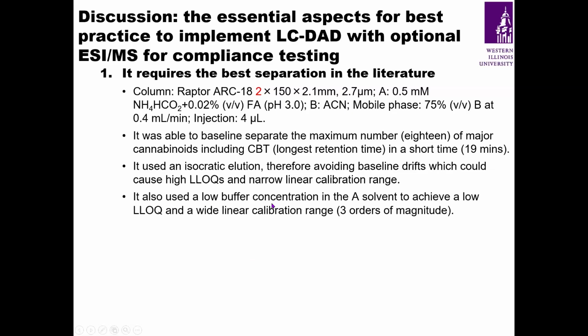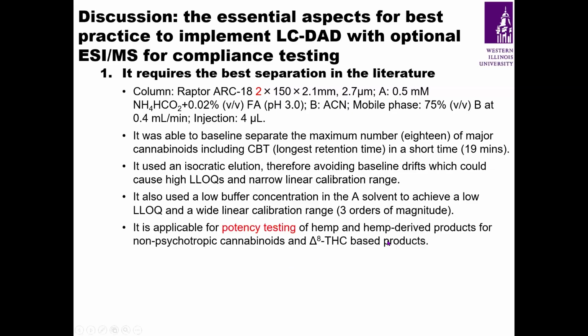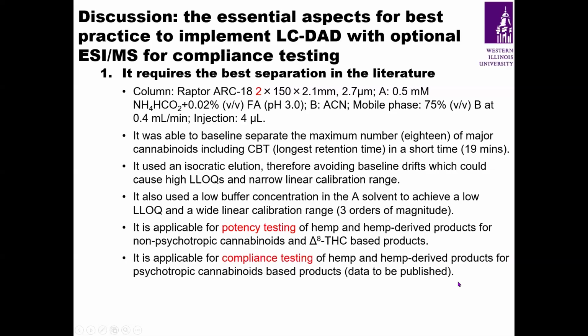It also uses a low buffer concentration in the A solvent to achieve a low LLQ and a wide linear calibration range, 3 orders of magnitude. It is applicable for potency testing of hemp and hemp-derived products for non-psychotropic cannabinoids and delta-8 THC-based products. It is applicable for compliance testing of hemp and hemp-derived products for psychotropic cannabinoids-based products.